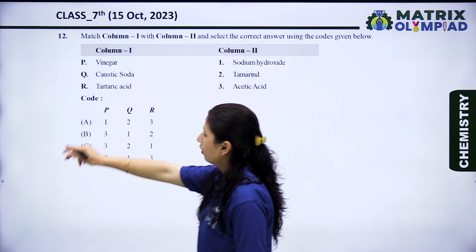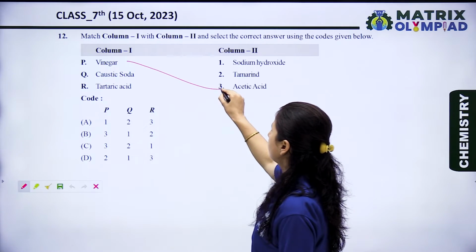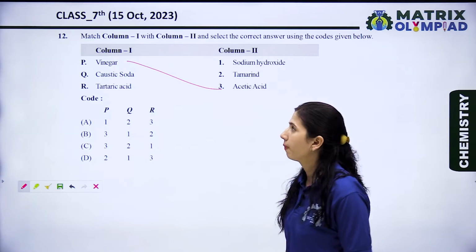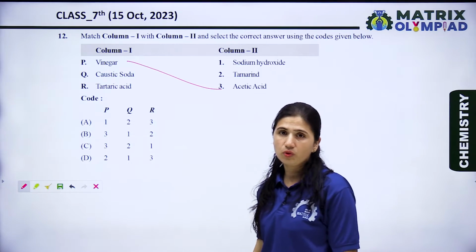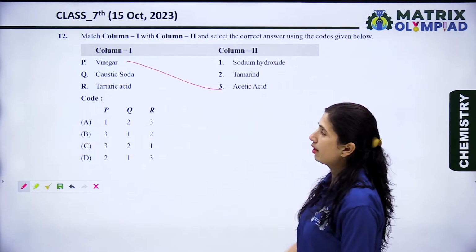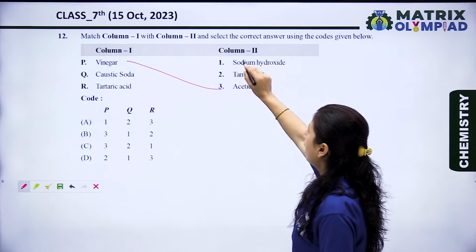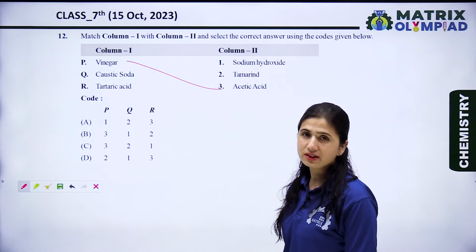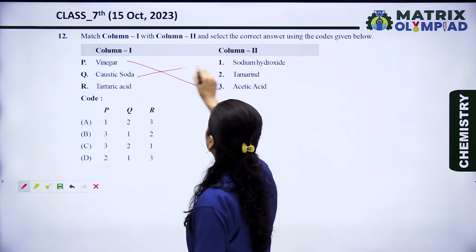We know that vinegar contains acetic acid, so P matches with the third option. Caustic soda is NaOH, and sodium hydroxide is also NaOH, so caustic soda and sodium hydroxide are the same species.